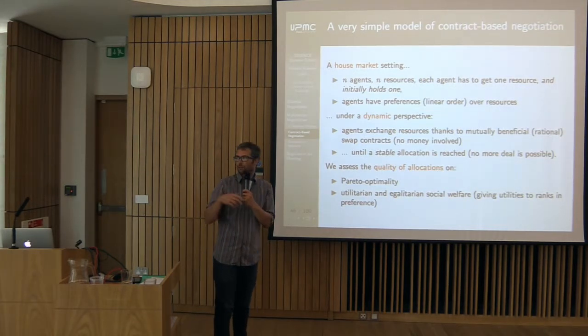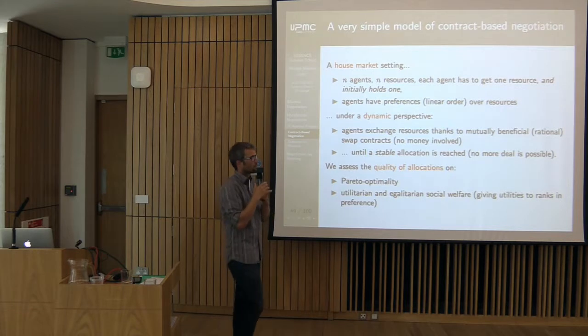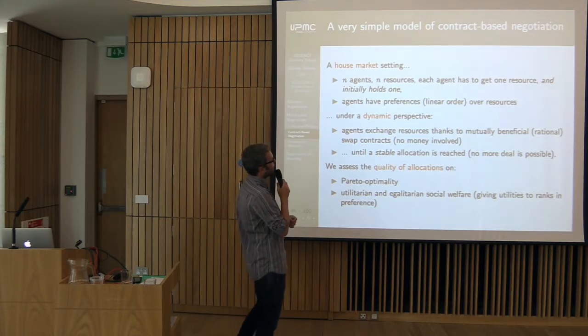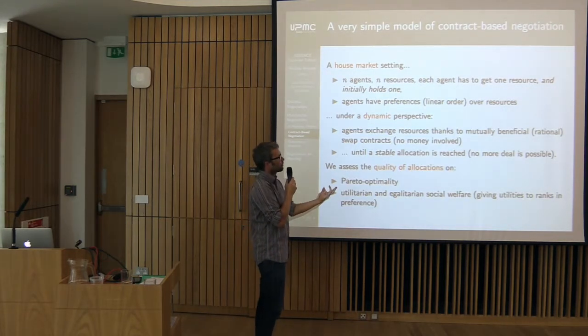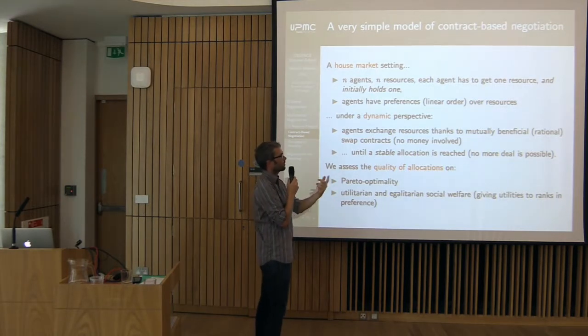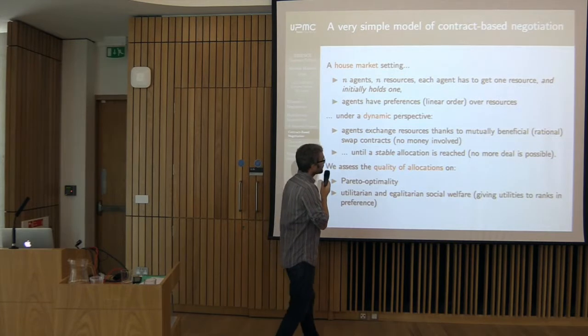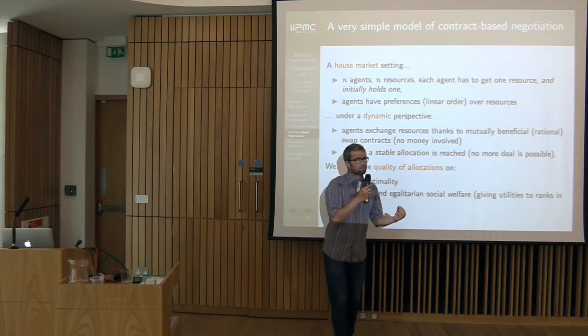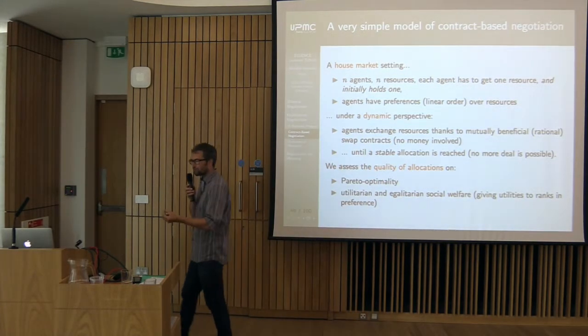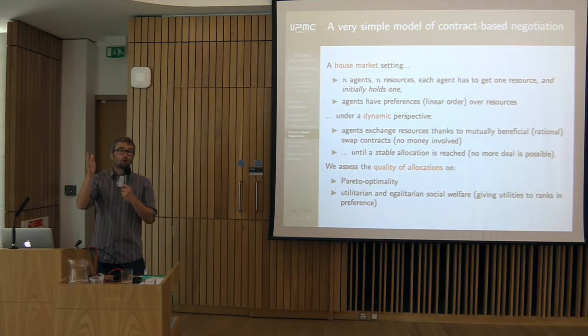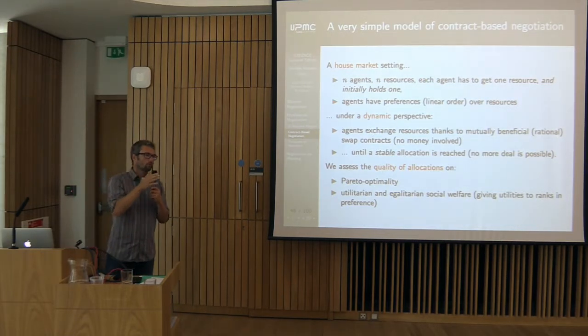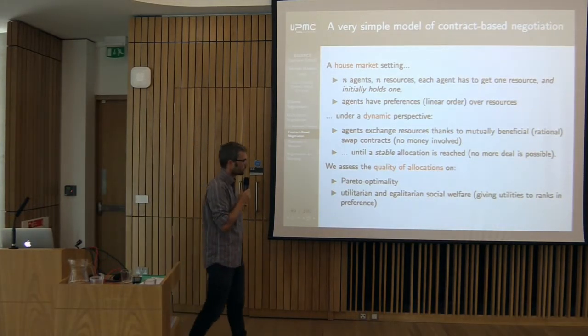You don't have 2 houses, and if you want a different house, then you have to sell yours and so on. And agents have preferences over resources. In that case, it will be a very simple preference. It will be just a full ordering, a complete linear ordering of the resources.